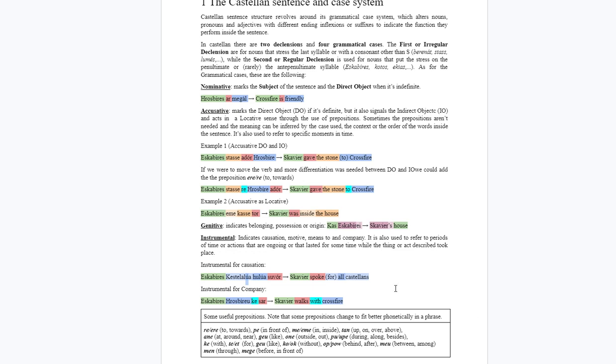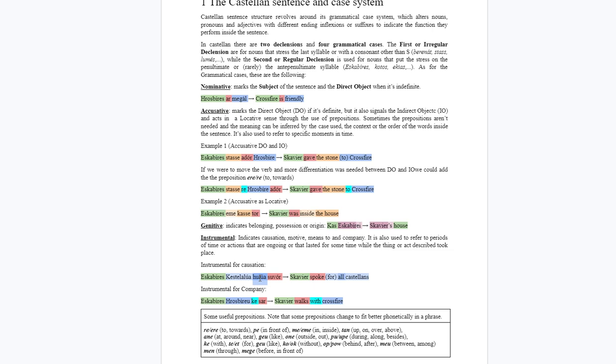We will see later. Notice here as well, this is an adjective, hul. It means all, everyone. Castellalua hulua. So both are adjectives, but this is acting more as a noun, because it's referring to the Castellans.